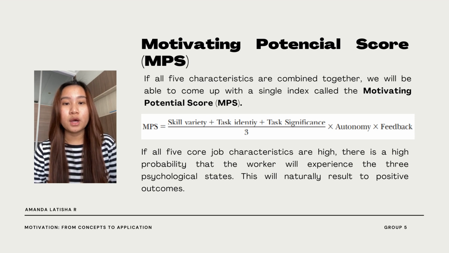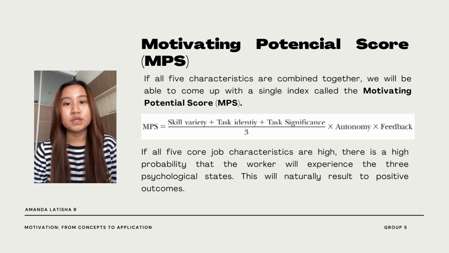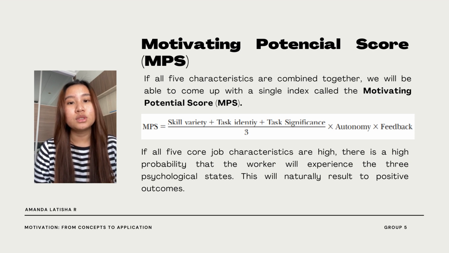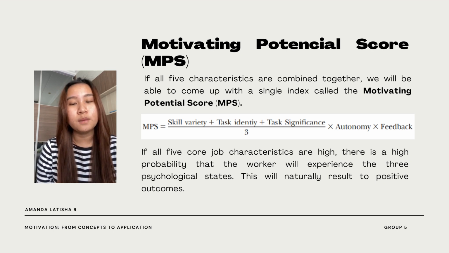If all 5 characteristics, or dimensions, of a job are combined together, we will be able to come up with a single figure or index that acts as the indicator of the overall motivating potential of the job being evaluated. This index essentially shows the possibility of a job affecting the attitudes and behavior of the employee.